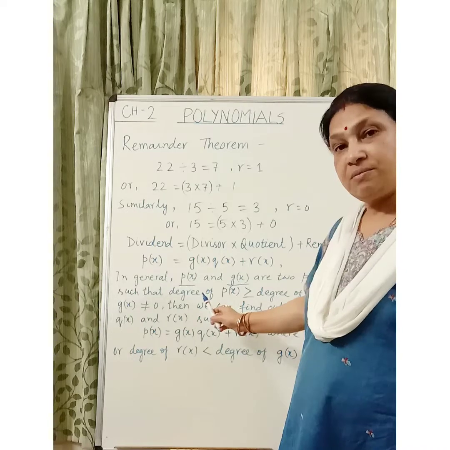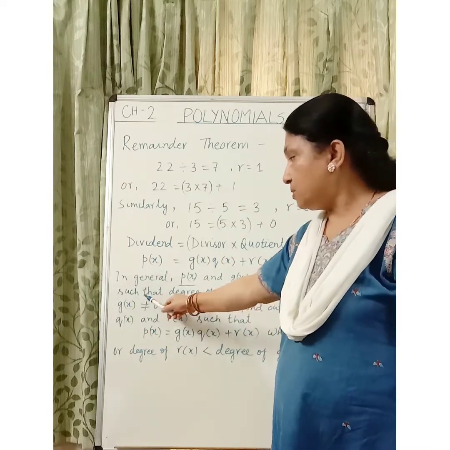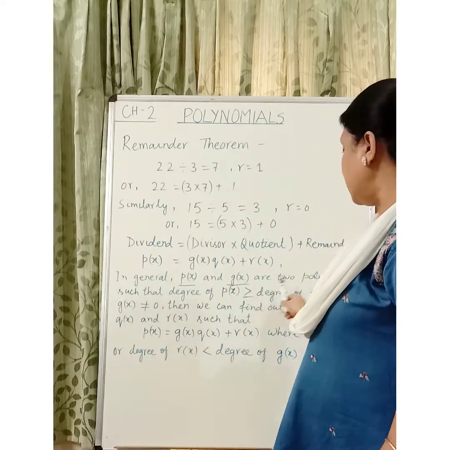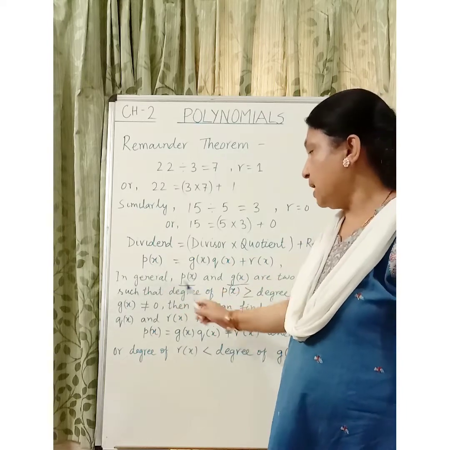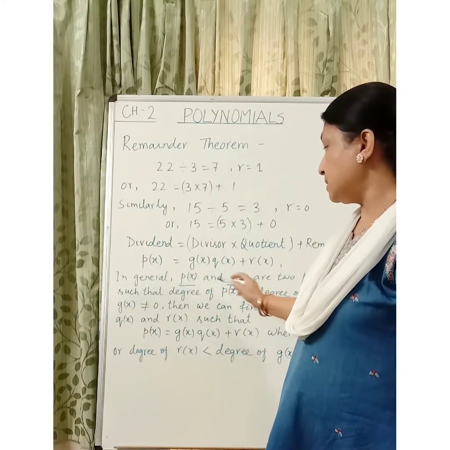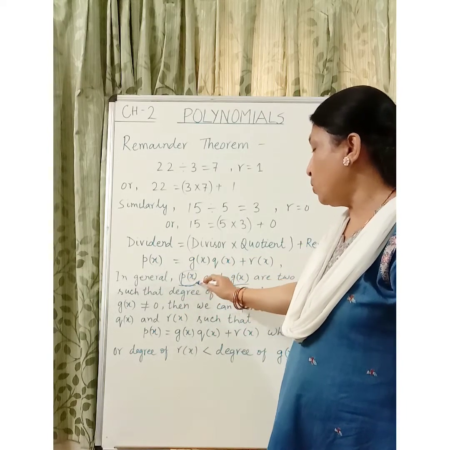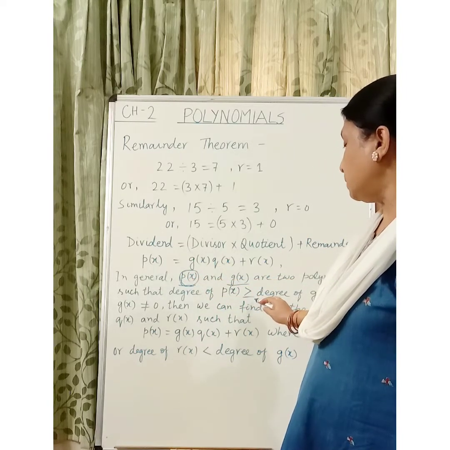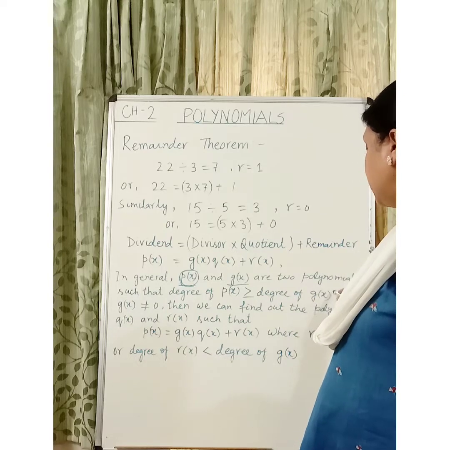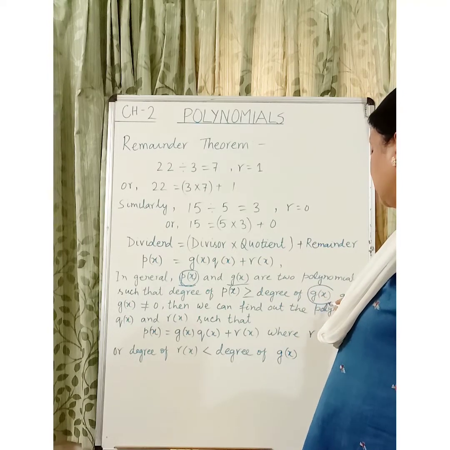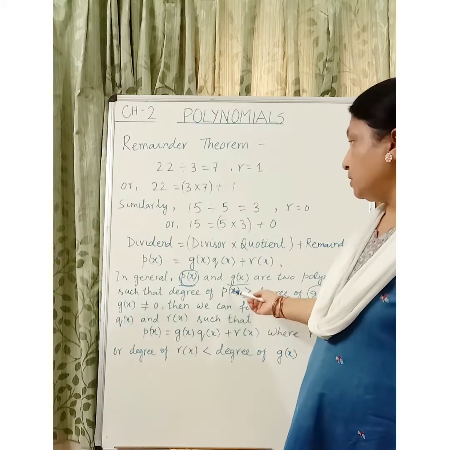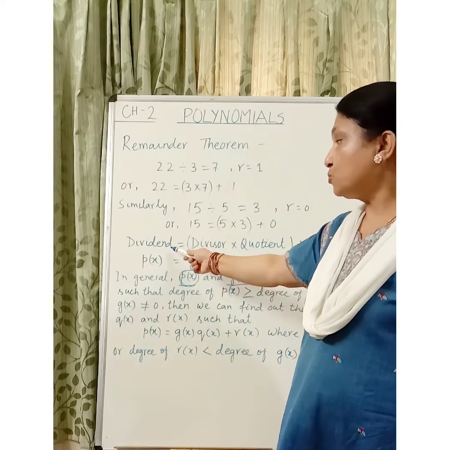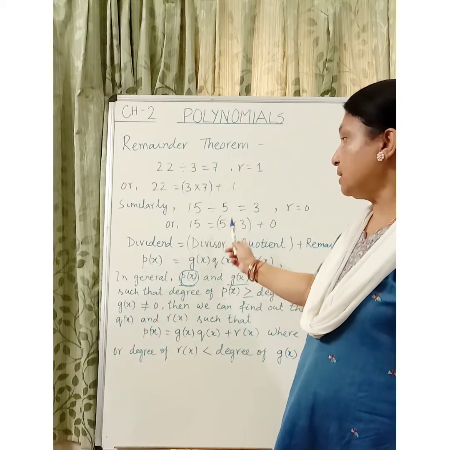But we should have some condition. What is the condition? p(x) and g(x) are two polynomials such that the degree of p(x), the degree of the dividend polynomial, should be greater than or equal to the degree of the divisor polynomial g(x), as the dividend should always be more than the divisor.